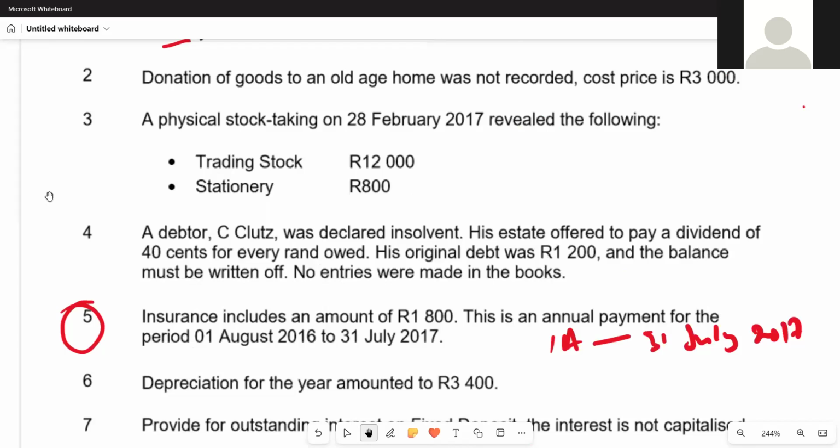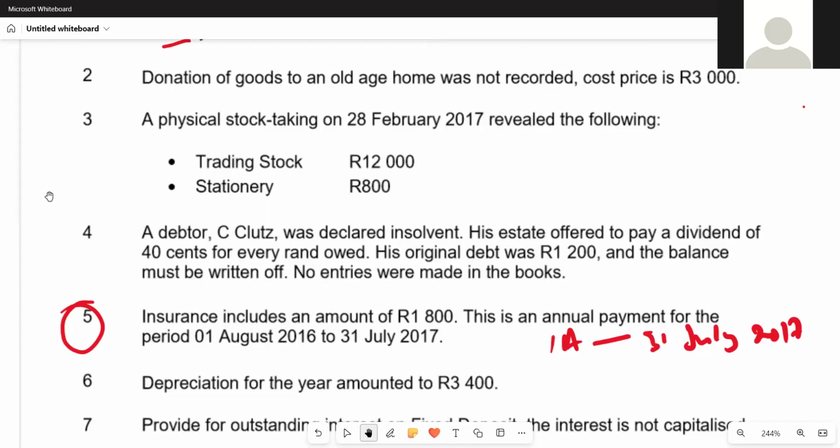Remember, interest income usually we are given as interest on fixed deposit. So we can go up and try to see. We see that interest on fixed deposit, we have 10% of 2,000.